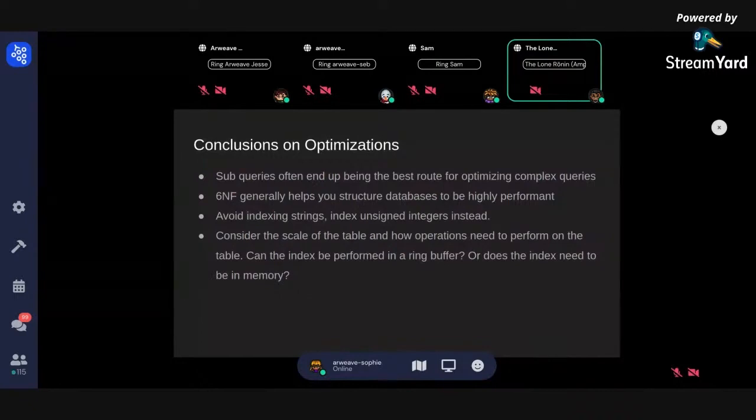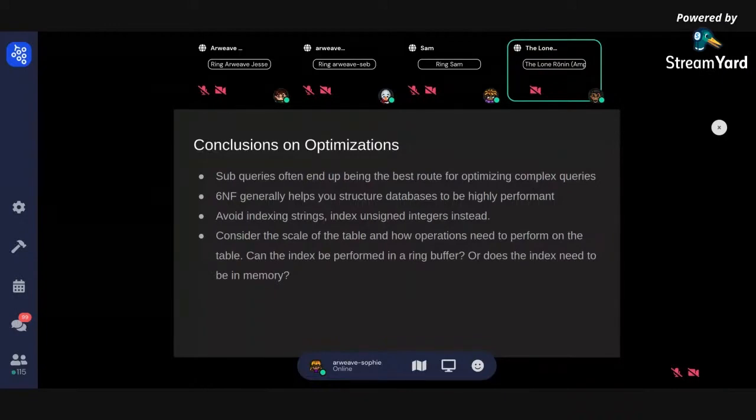It's not that you should be against second or third normal form database structures; it's just that sixth normal form will make sure that you have an efficient structure. Another thing is to avoid indexing strings and index unsigned integers instead. I think that should be a given, with the analogy of how much you can store in a byte with a string versus an integer.